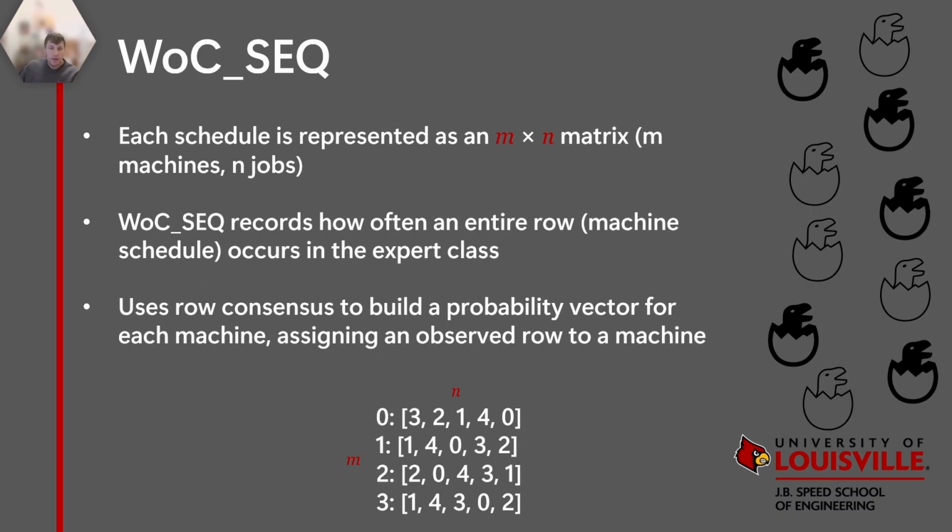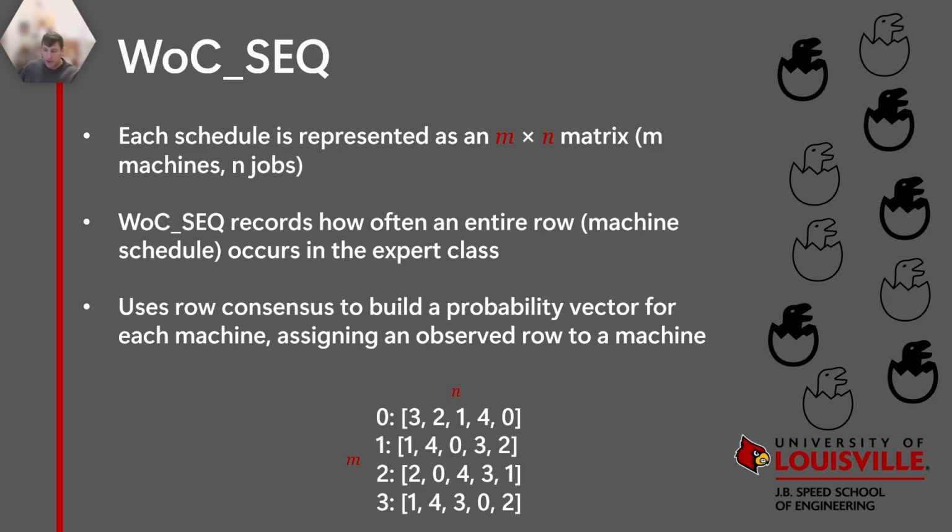The second crossover function was sequences. This basically did the same thing as the prior crossover function. However, we viewed overall rows. So if a machine row was common among the expert class, then we kept that whole machine schedule in place and only moved around the other machine schedules.